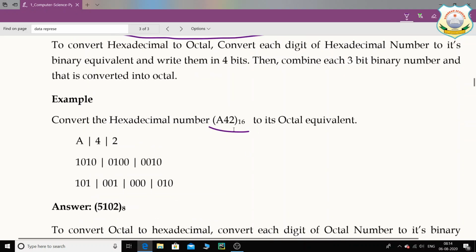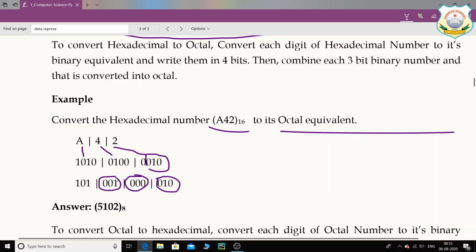Okay, so A42, I want to convert this into octal. So we are going to first convert these and find the binaries. So you can see this is 2, this is 4, and this is A. And then what are we supposed to do? We are supposed to group this into 3. So you can see this is the first group of 3, that is 010. Second group, you can see 000. Then 01, that is 001.